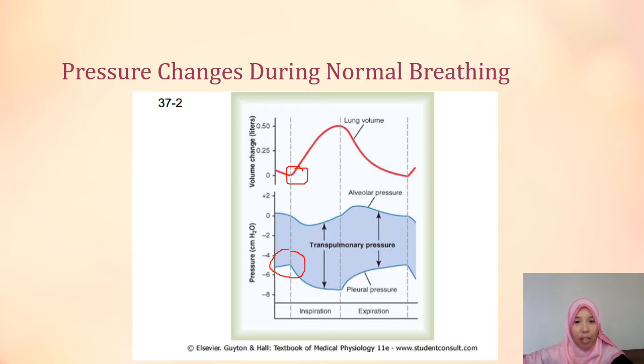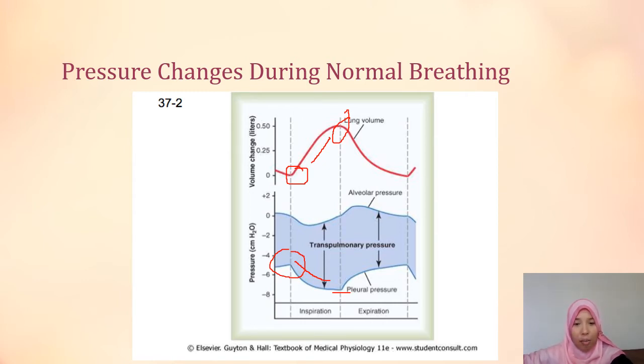So now, if the lung volume increases, you can see that now the lung volume increases. Let's look at this area here. Lung volume increases, and you can see down here that there's a decrease in the pressure, right? The pleural pressure decreases. And if you look at the graph, you can see that the reduction in the pressure is equivalent to the increase in the lung volume, right?